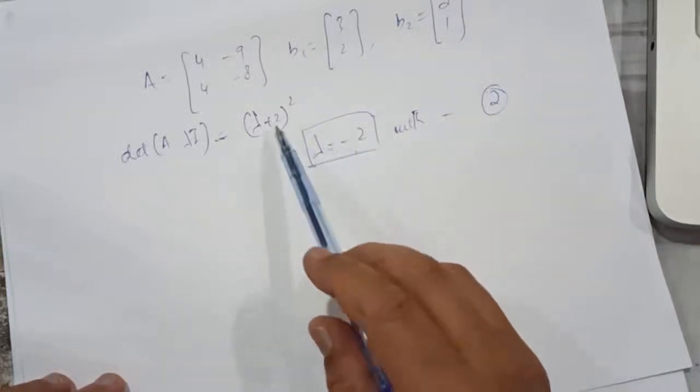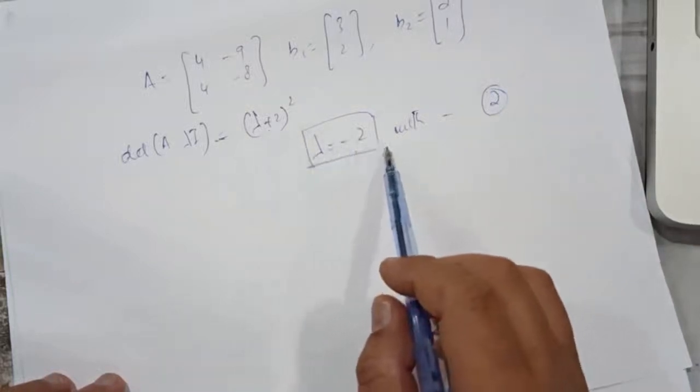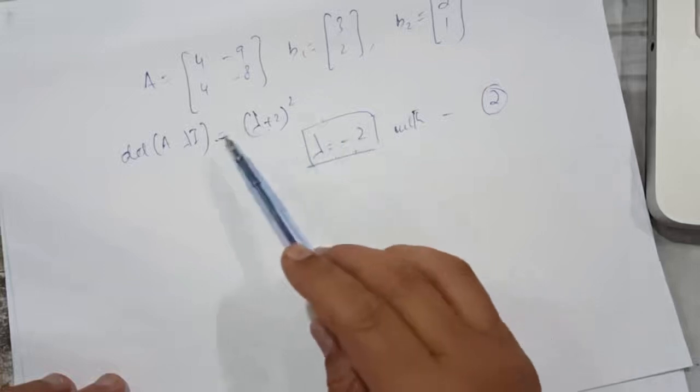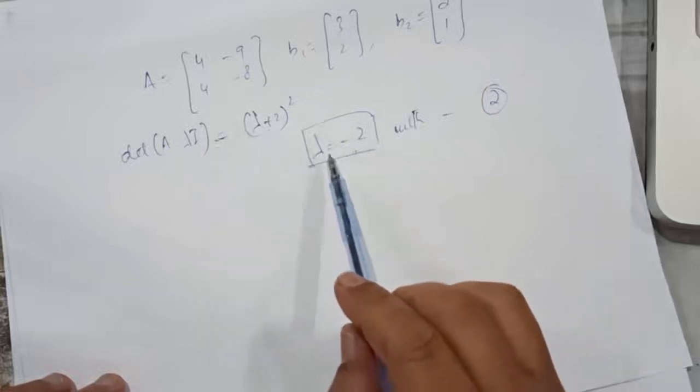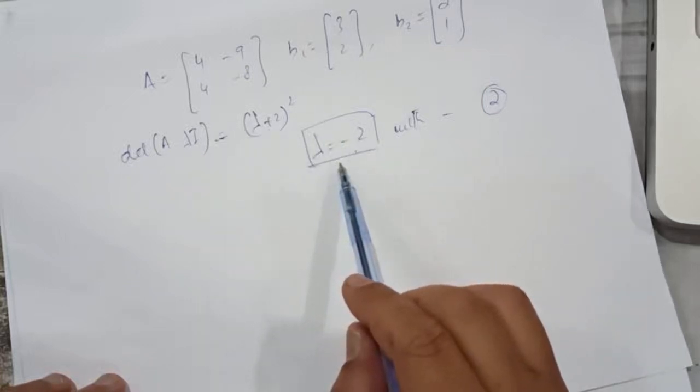Since it has only one eigenvalue with multiplicity 2, to actually have A being diagonalizable, you need two vectors. Okay.